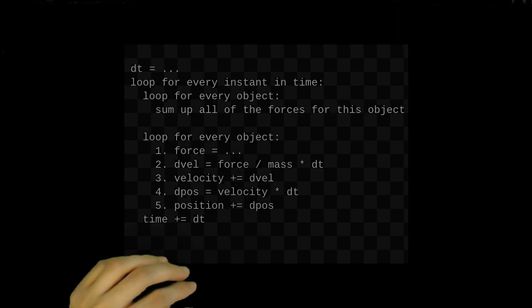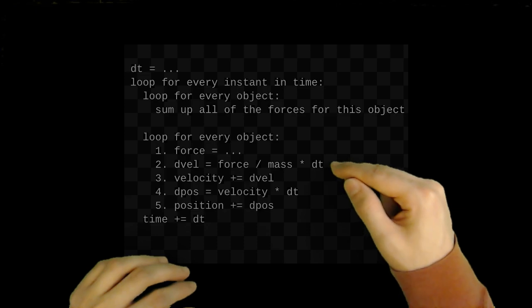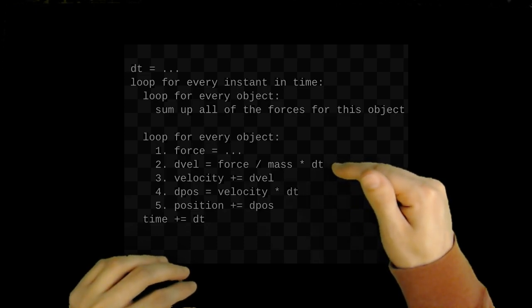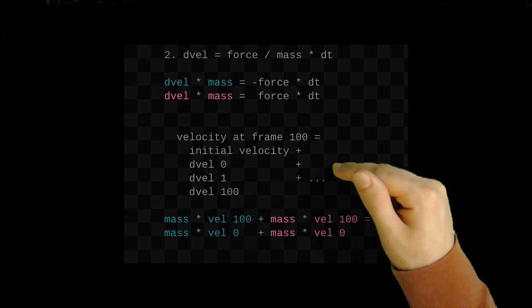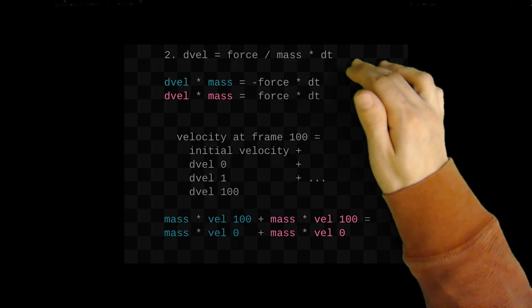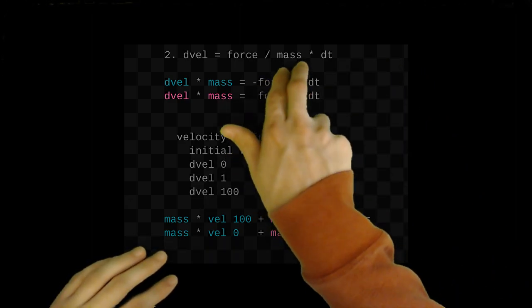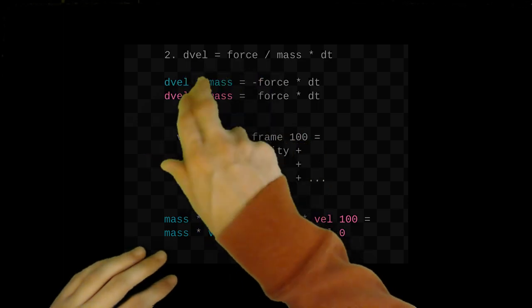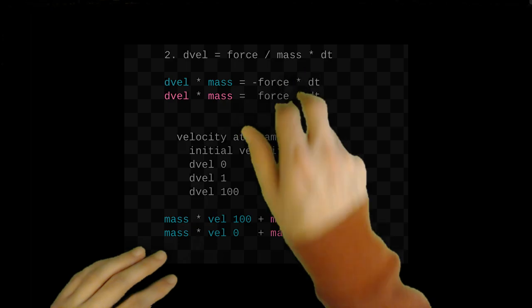What I want to draw your attention to is this new line that we've made. Delta velocity is equal to force divided by mass times dt. So I've rewritten it up here. Rearranging this line, bringing the mass to the other side, you get mass times delta velocity is equal to force times dt.